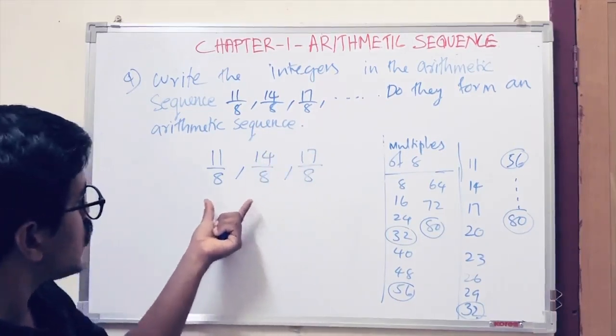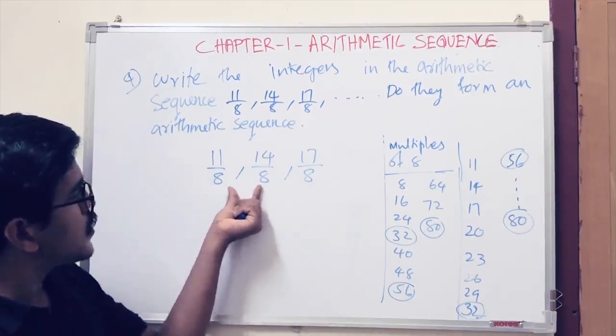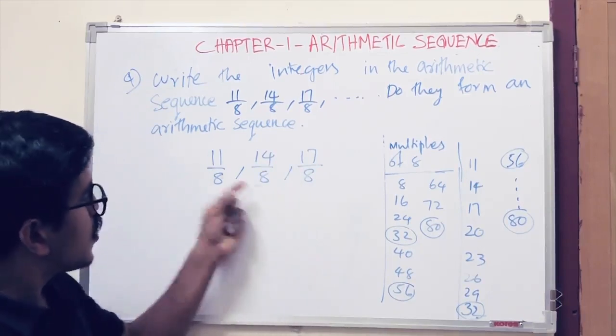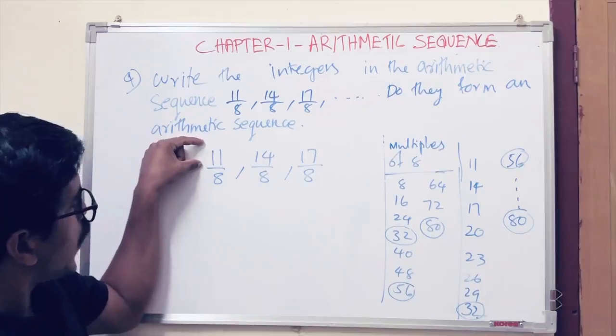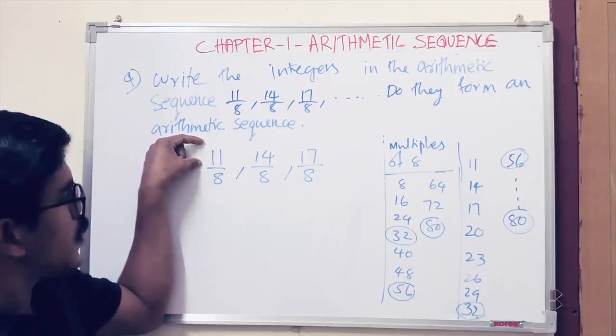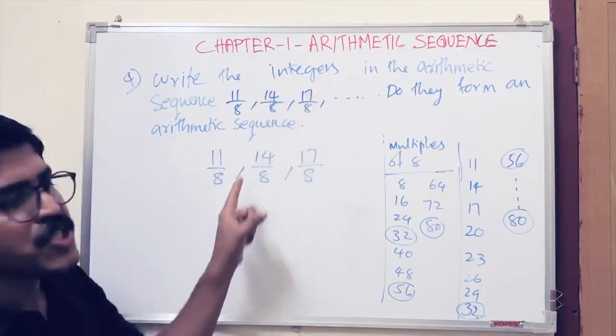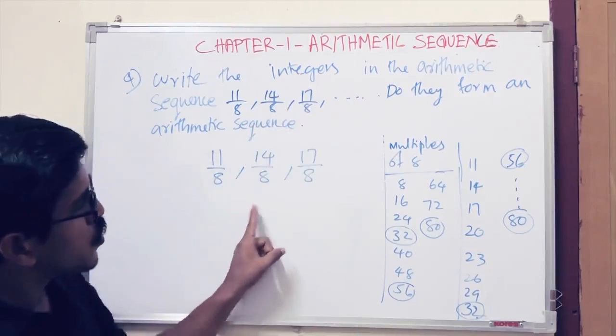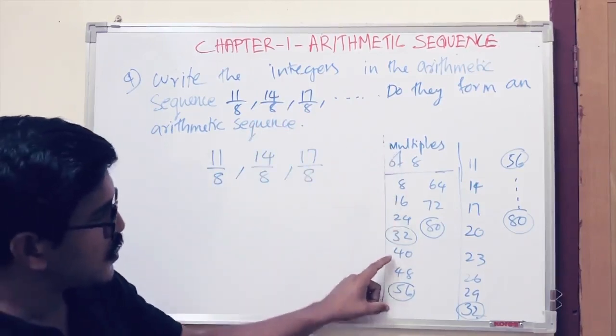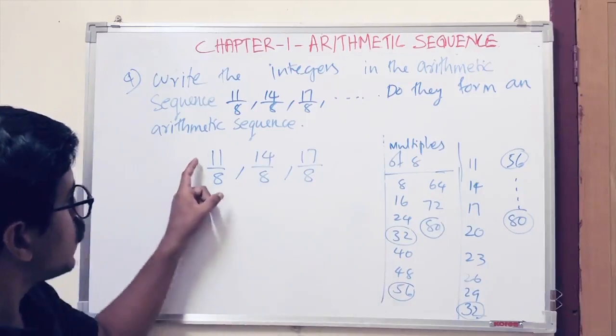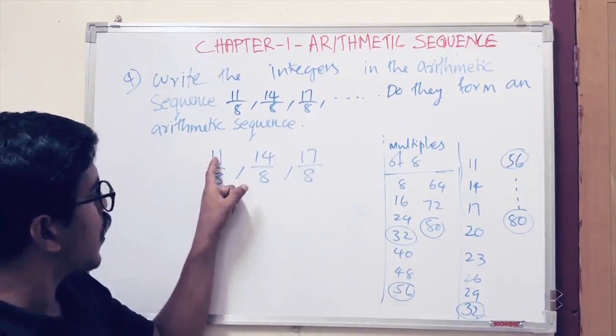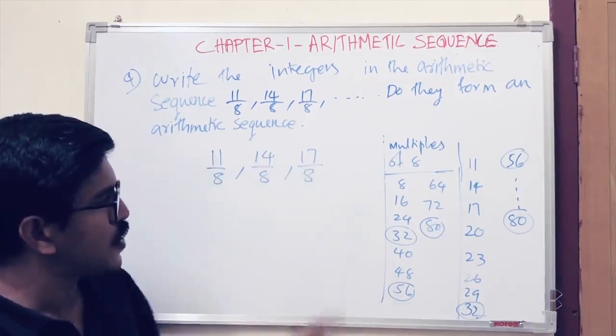You can see here that 8 is in the denominator. If multiples of 8 come in the numerator, then only we can say that an integer is coming. So you can see the multiples of 8 I have written here, and in the numerator the numbers are going like this: 11, 14, 17.